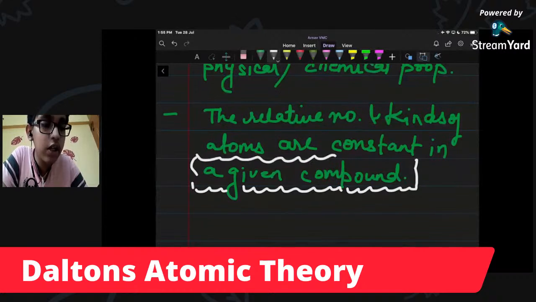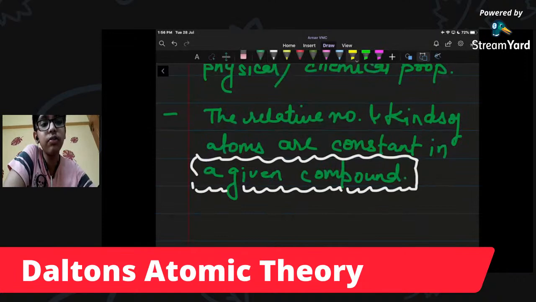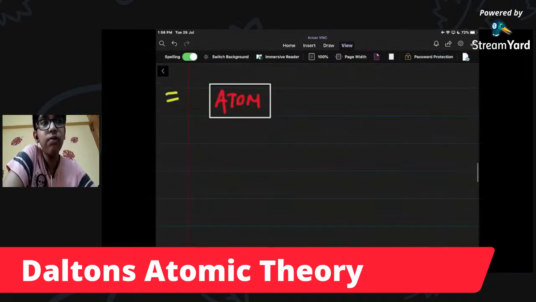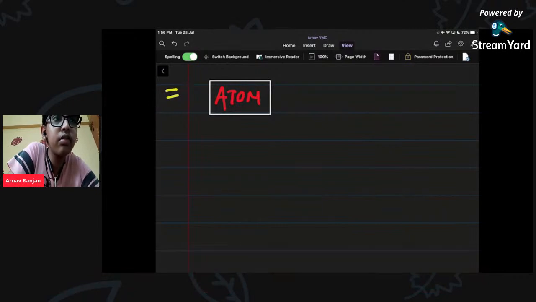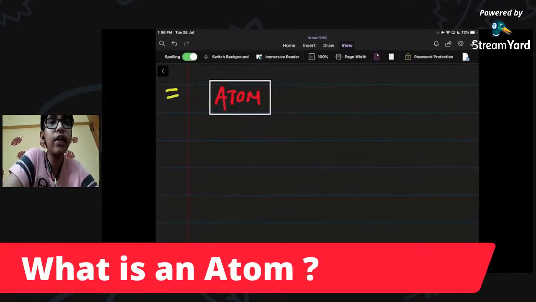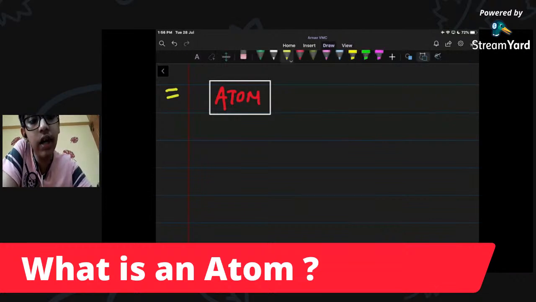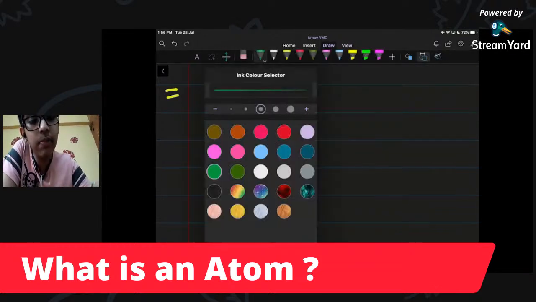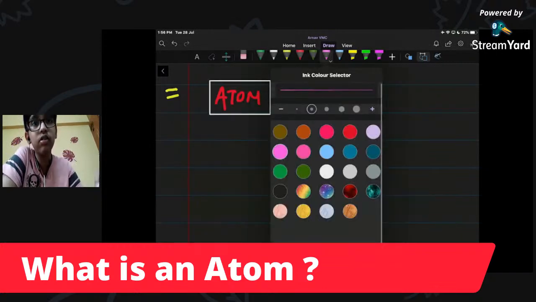I am making a box. You can see, in a given compound. Next, we will talk about what an atom is. What is an atom? Basically, the building blocks of matter are called atoms.